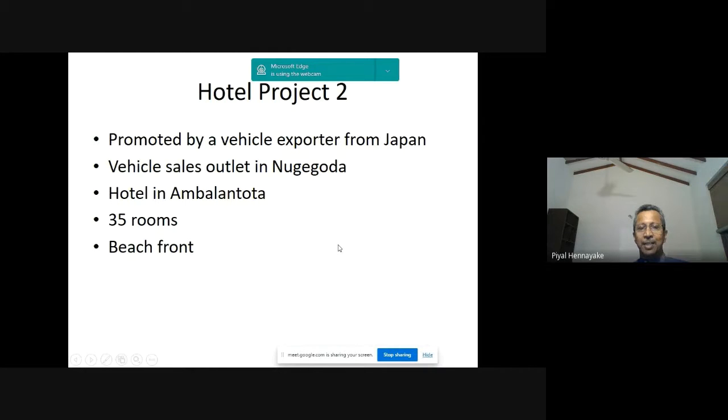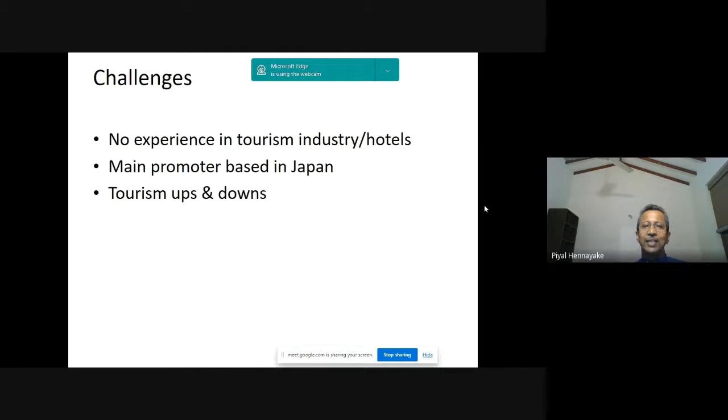And this party had come to the bank before I joined, and the DGM had said we will finance because of their reputation. But when we were looking at it, myself and my boss at that time, we said we can't, because these are vehicle sales people. How can they do a hotel project? So because it had been agreed, we had to finance later.